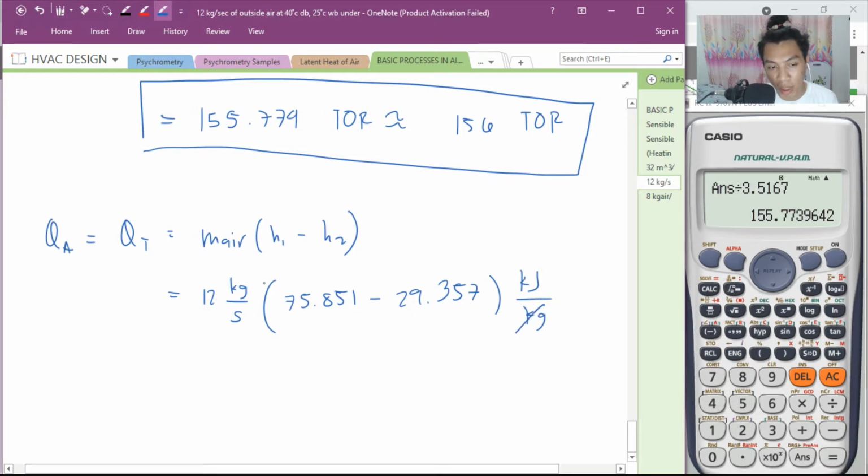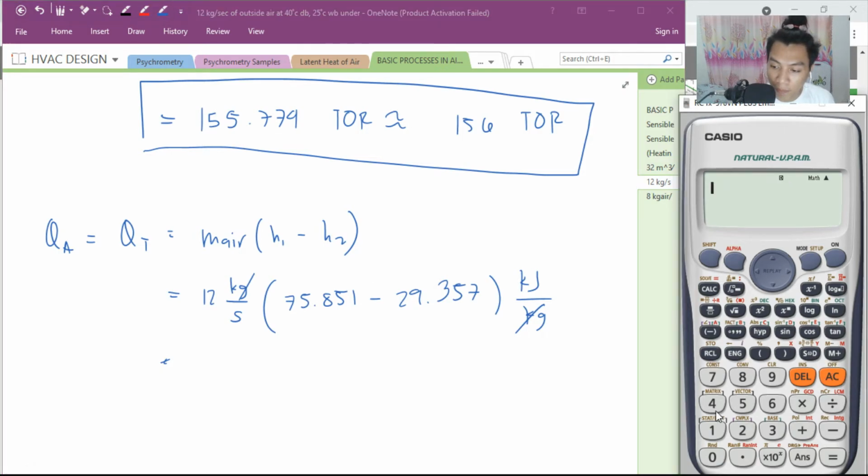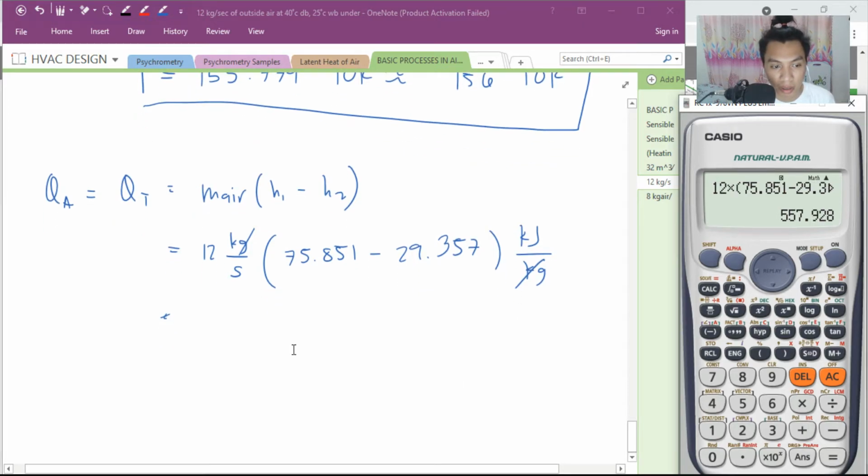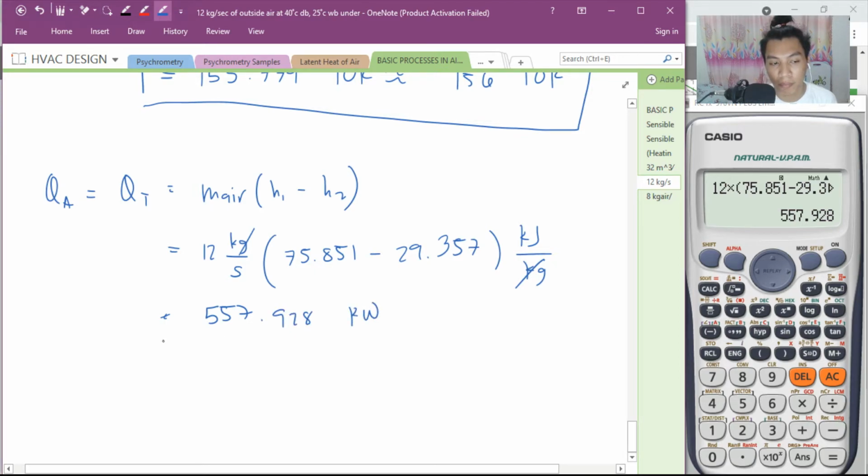Cancel all the kilogram, kilowatts ang lalabas. So, 12 times 75.851 minus 29.357. The answer is 557.928 kilowatts. Almost the same. Pwede na yan.